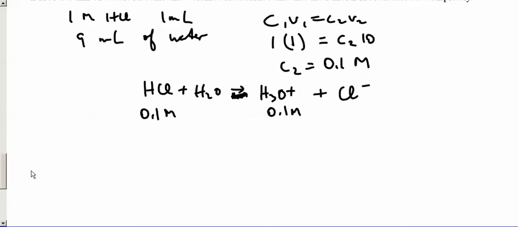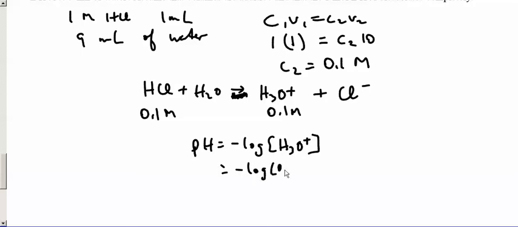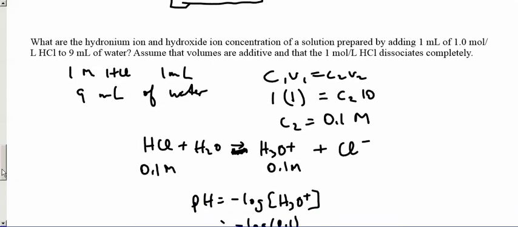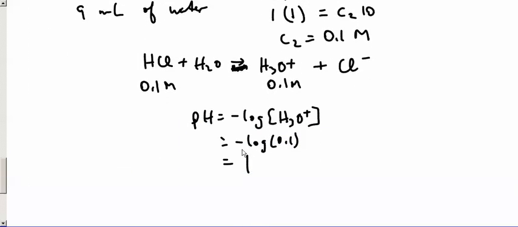And now I can use the formula pH is equal to negative log of the concentration of H3O+, which is negative log of 0.1, which is 1. So there's my pH. I don't even think the question asks for pH, but I'm going to use it just to demonstrate some of the relationships.